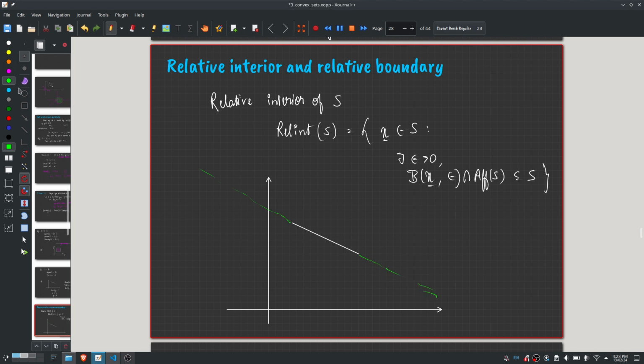So this white line segment is my S, and this entire green line would be the affine hull of S. If I take any point in S, what would be the intersection of the ball with the affine hull? What would that correspond to?